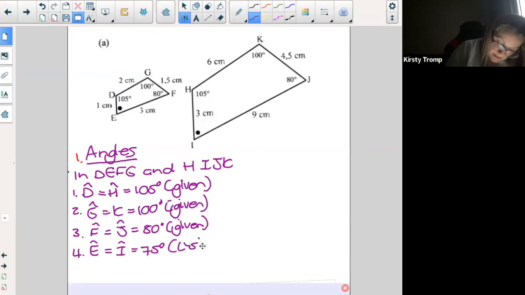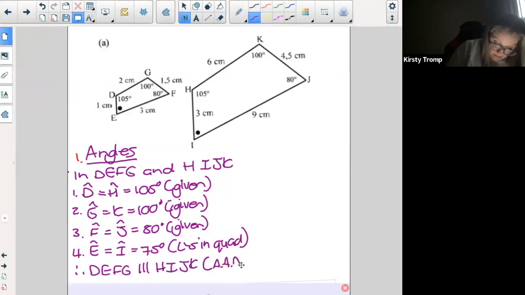Reason: angles in a quad. Therefore DEFG is similar to HIJK. Reason: angle, angle, angle, angle. So all the angles are equal.